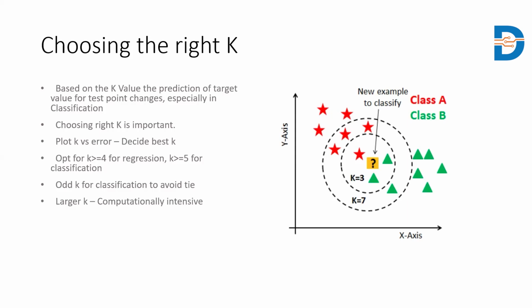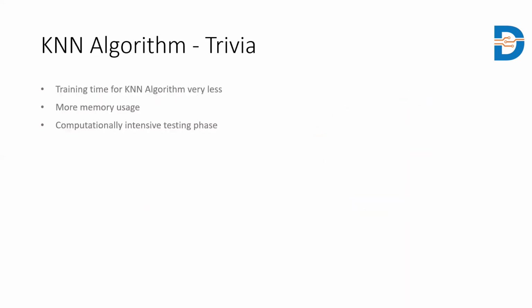Larger K may turn out to be computationally intensive because for each testing point, all the distances need to be calculated, the neighbors need to be picked, and then the calculation of averaging needs to be performed. So, larger K might turn out to be computationally intensive.